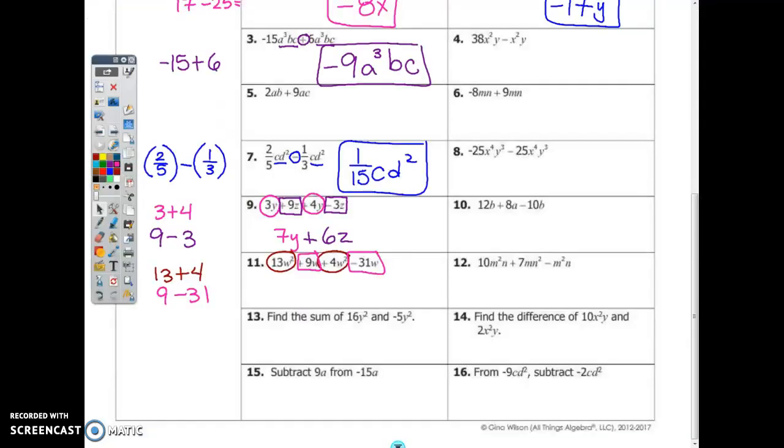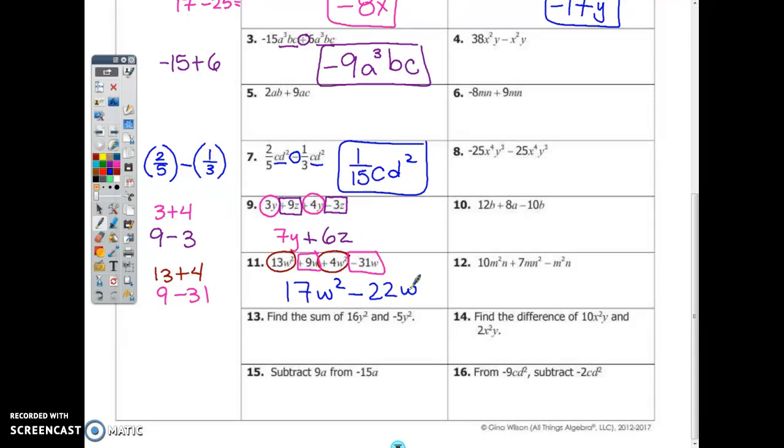So how do you write that? You would say 17. Oops. 17 goes with the w squares, and negative 22 goes with the w. So there's a minus in between them because the 22 was negative, not positive. Okay?